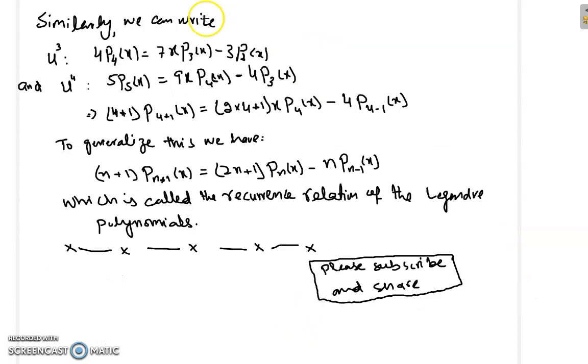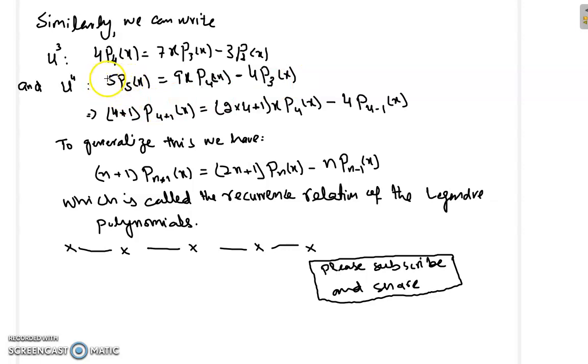So similarly, we can write for u cubed: 4p4 of x is equal to 7x p3 minus 3 times p2 of x, and for u4 we can write 5p5 of x equals 9x p4 of x minus 4 times p3 of x.